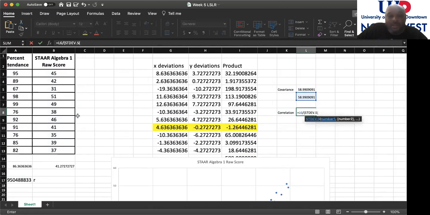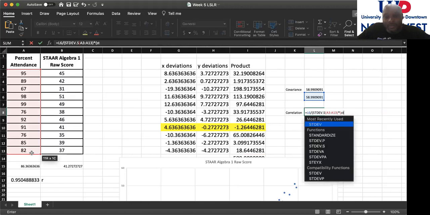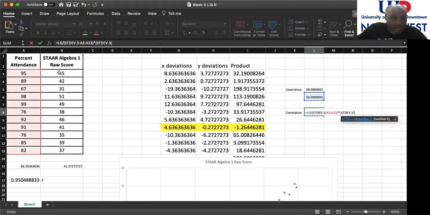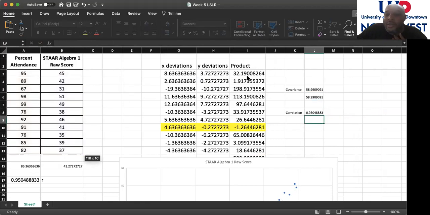The standard deviation of this one is this. You have to use parentheses to make sure this works out right. Times the standard deviation of this is this. Messed that up some kind of way, but anyway, there it goes right there again. That's through the actual formula.